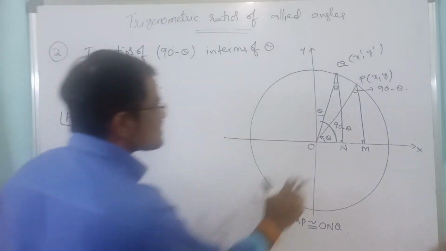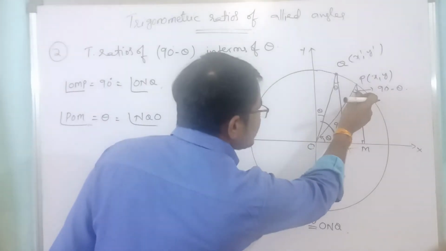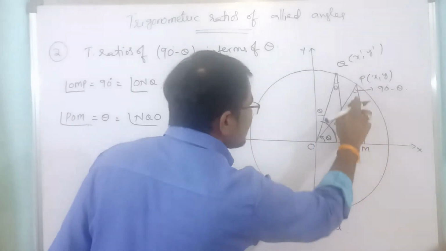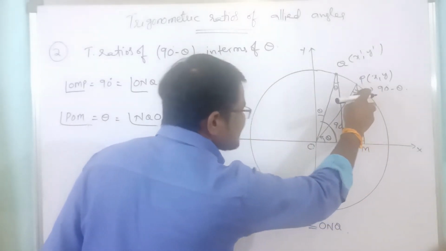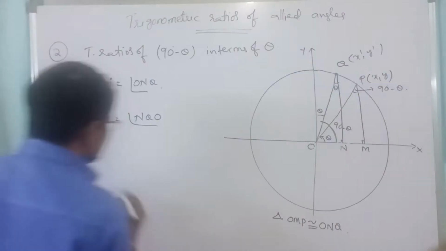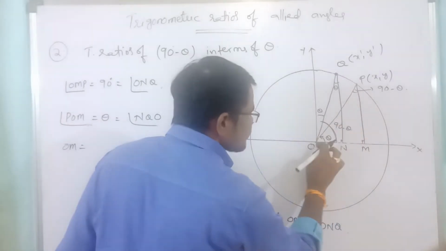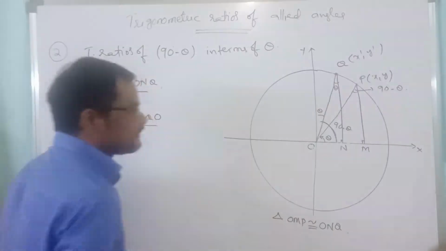Now from this, what you observed: these two triangles are congruent. From triangle OPM, here 90 minus theta is there, and for this angle the opposite side is OM.